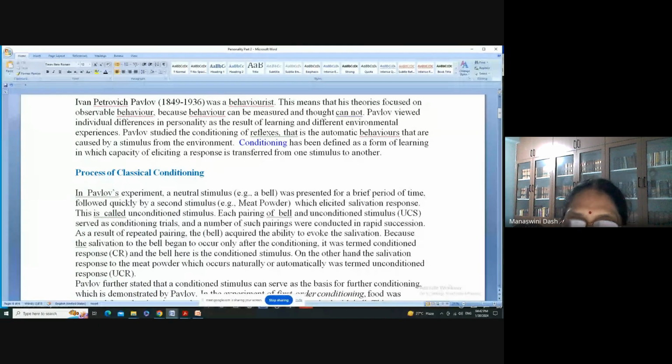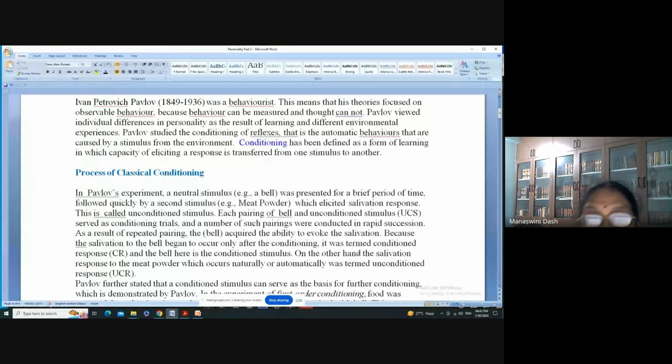So food elicits salivation. Food is called the unconditioned stimulus. Why unconditioned? Because no conditioning is required on the part of the food in order to elicit salivation. So food is here the unconditioned stimulus, or UCS, and the bell is a neutral stimulus.